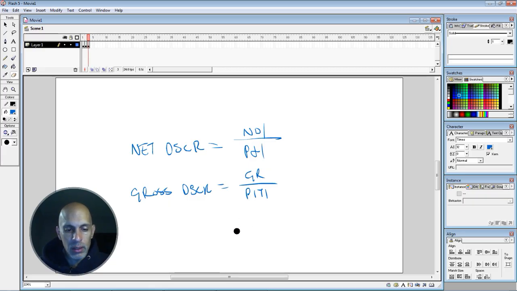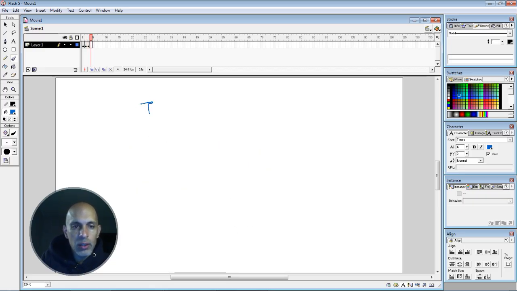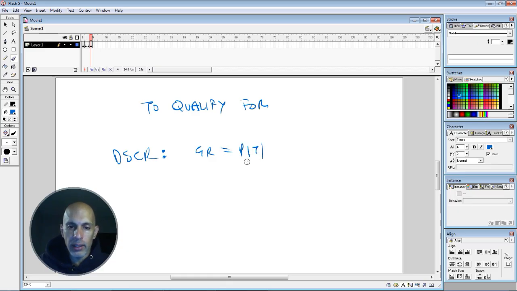To qualify for a DSCR loan, gross rents have to equal PITI, and for a bank loan or an agency loan, NOI has to equal P&I times 1.15.